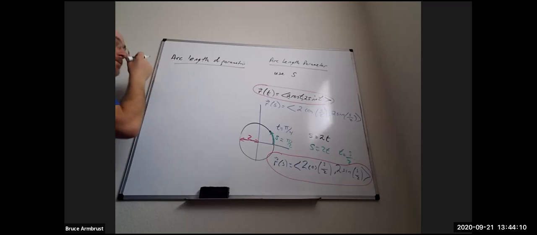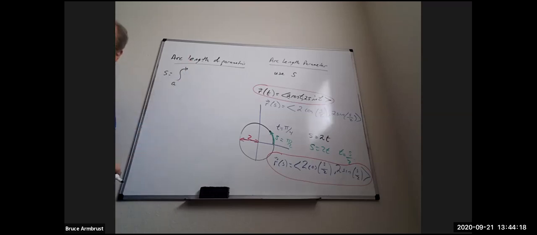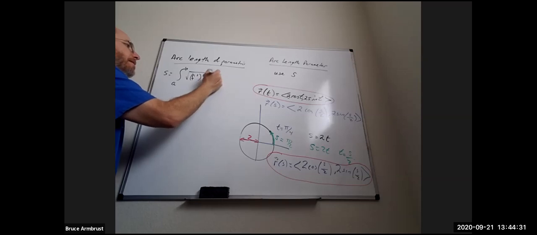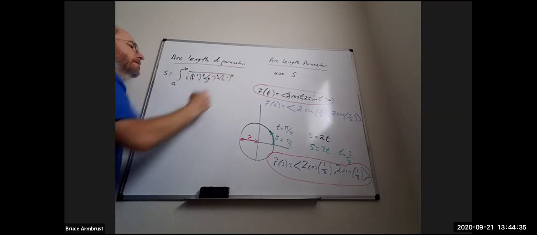And for parametric specifically, it was an integral from, say, a to b. So those are some time periods, right? And then we'd have the square root of f prime squared plus g prime squared plus h prime squared.